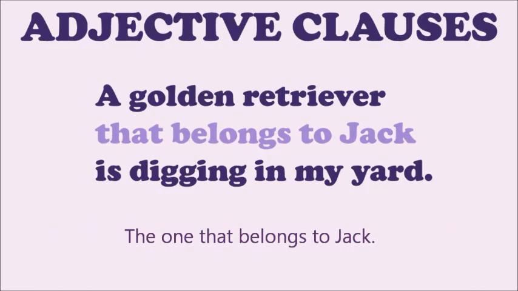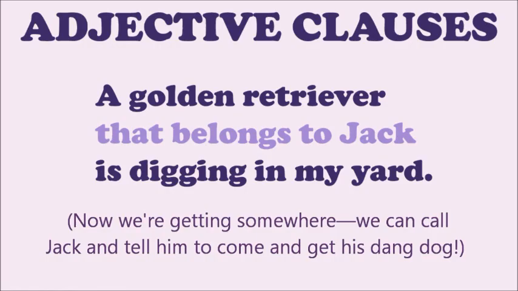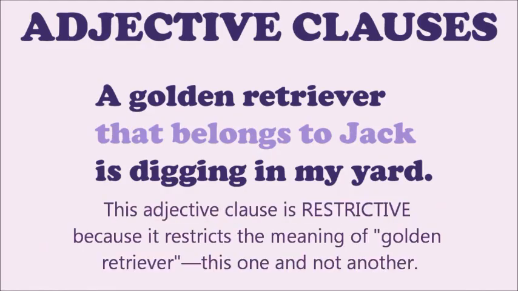The one that belongs to Jack. Now we're getting somewhere. We can call Jack and tell him to come and get his dang dog. This adjective clause is restrictive because it restricts the meaning of golden retriever. This one and not another.